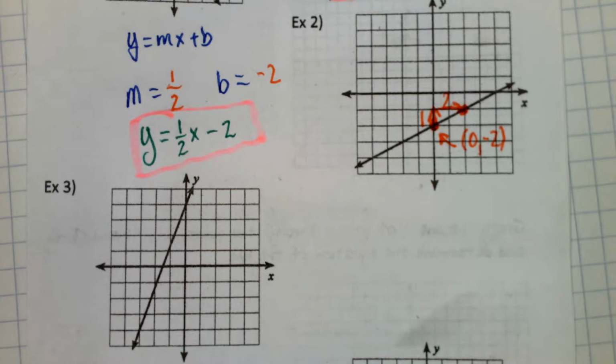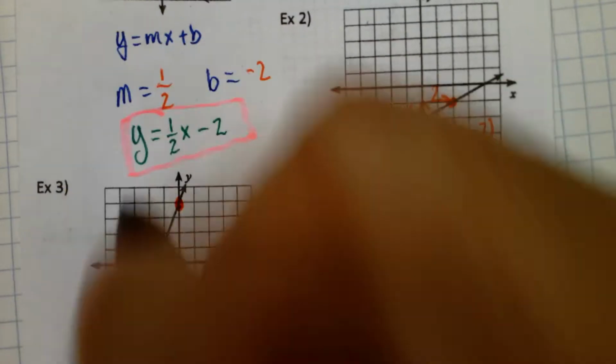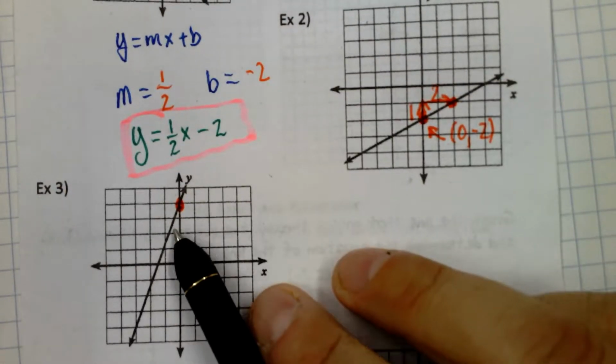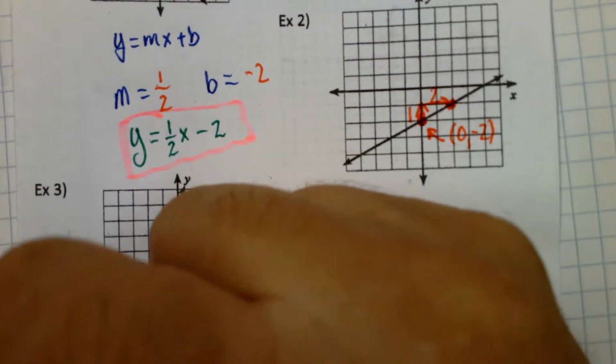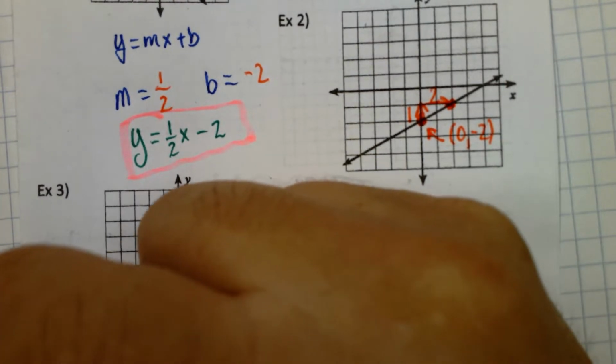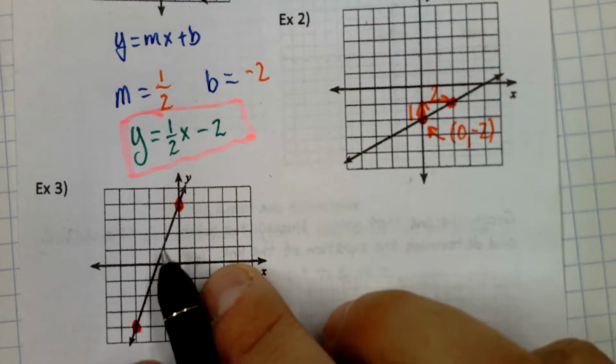Let's just do that together, and then I'll leave you to do the rest of the process with your table partner. Definitely we want to pick the y-intercept, and then finding the other one can be a little tricky. It's way down here. Right there's the next point that it crosses perfectly.